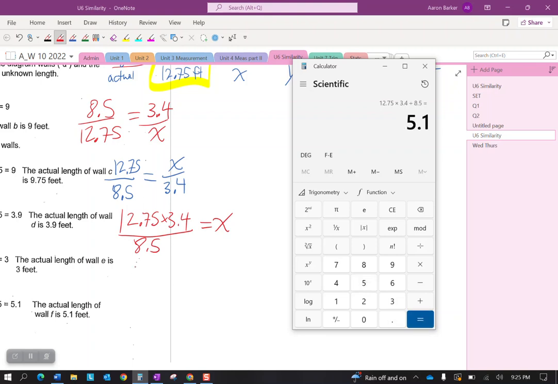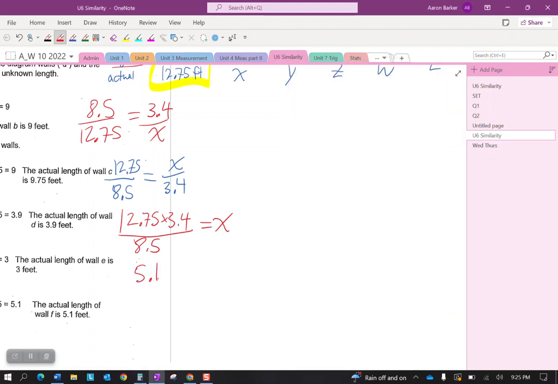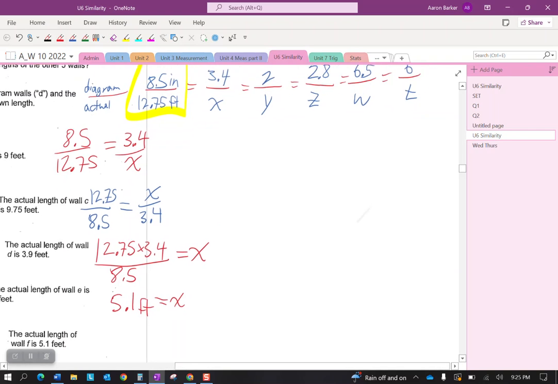And we get 5.1 as our answer. That's the length of x. Now, is that 5.1 dogs, pigs, goats, or sheep? You're right, it's feet. That's 5.1 feet.